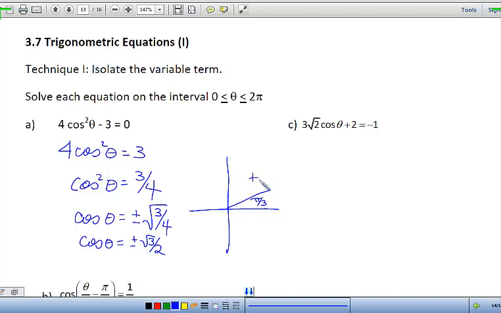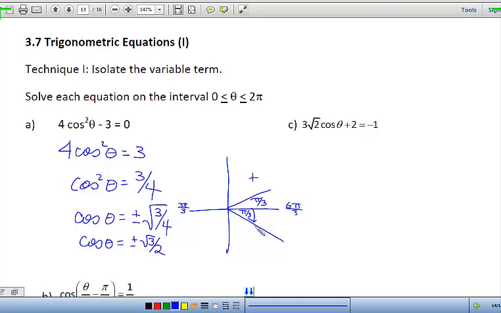But also cosine is positive in this last quadrant, which is going to have a reference of pi over 3. And if we're talking about thirds, then this is going to be 3 pi over 3, and this is going to be 6 pi over 3 by the time we wrap back around.